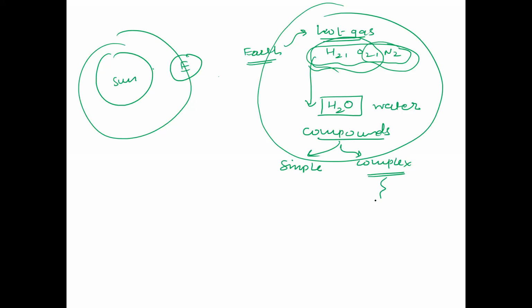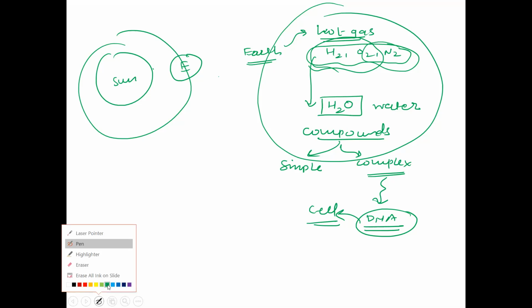And because of this complexity, we have structures like what? DNA. So this is the first point, that we have a cell, right? So see, this is the first half of the theory of evolution, in which we got how DNA could have arisen or DNA has evolved.